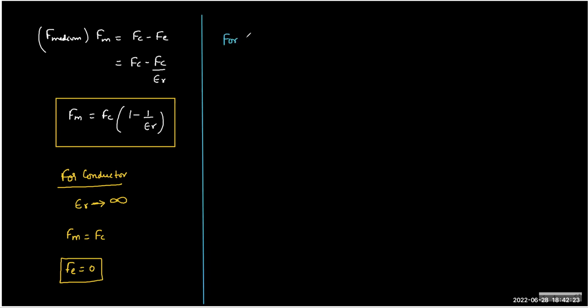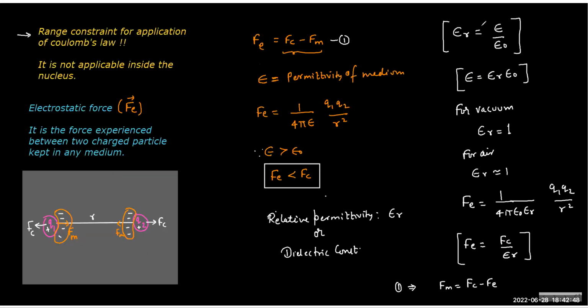So for water, the value of dielectric constant is roughly equal to 80, and of course it's a dimensionless constant. Why is it dimensionless? By the definition you can see here again, both similar quantities are divided, dimension upon dimension, dimensionless.